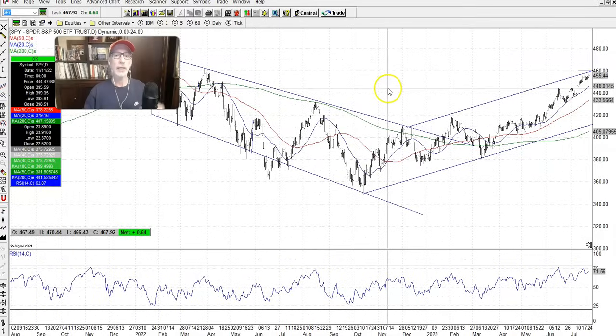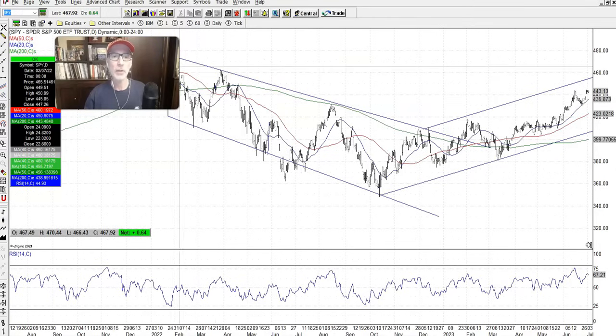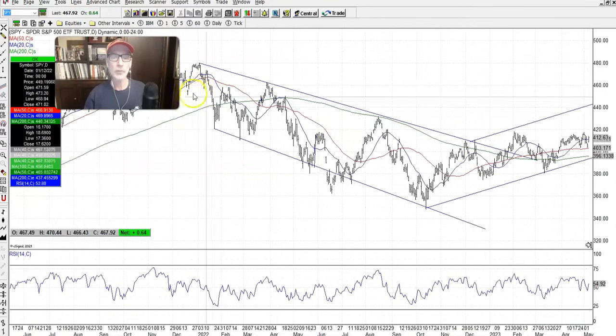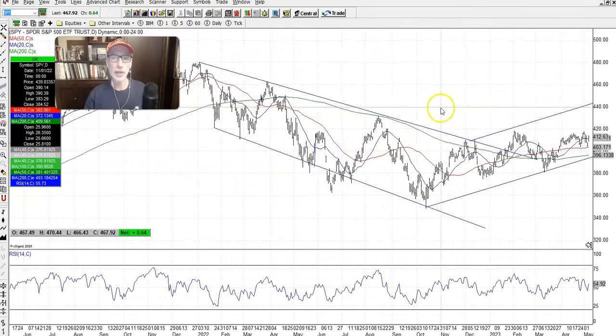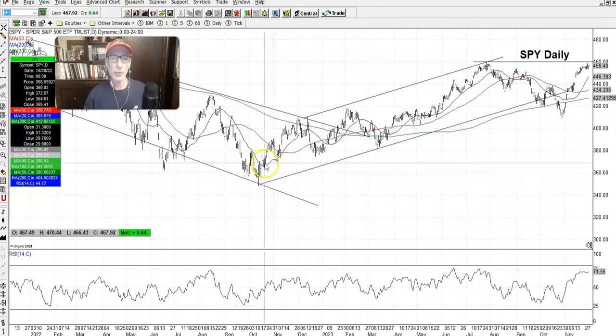As I say all the time, an object in motion tends to stay in that motion until something comes along and pushes it in another direction. The stock market is no different. A stock within a trend is going to stay in that trend until something comes along and pushes it in another direction. So all of 2022, or most of 2022, was in a downtrend. And then October of 2022, right here, the market started going up.